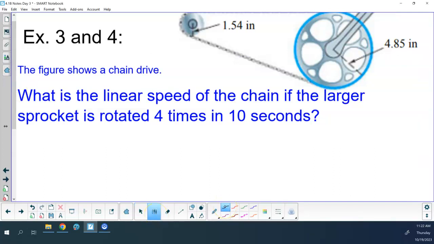We know that the larger sprocket rotated 4 revolutions in 10 seconds.